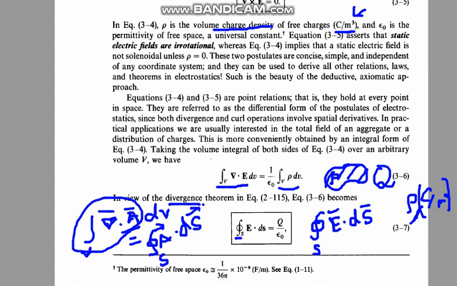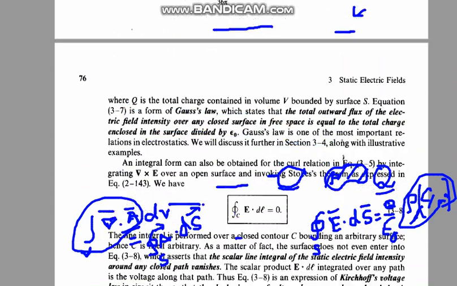If we integrate it, we get the total charge Q. So by this rho dV we get Q divided by epsilon naught, and that is the basis of Gauss's law.